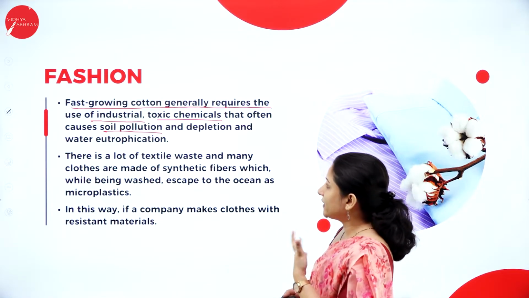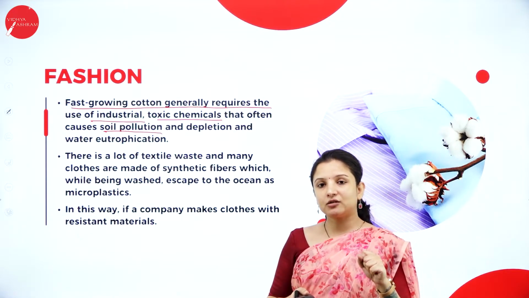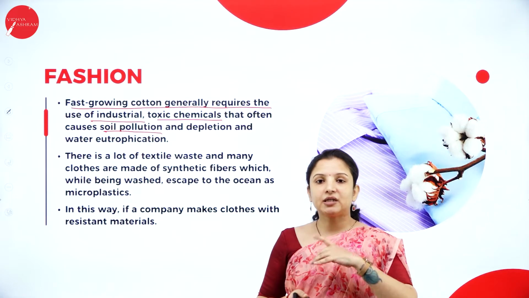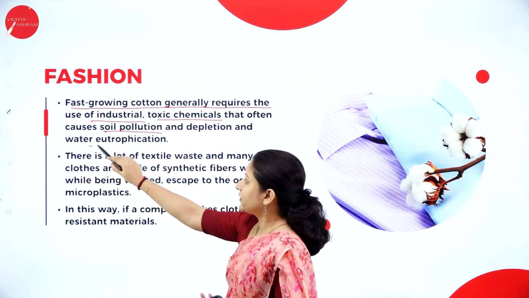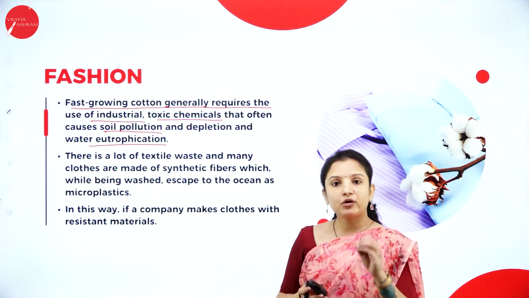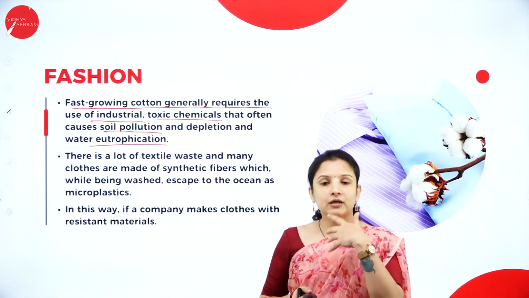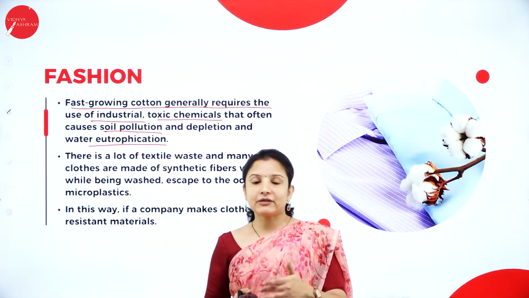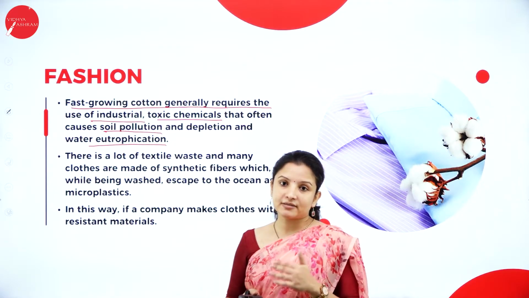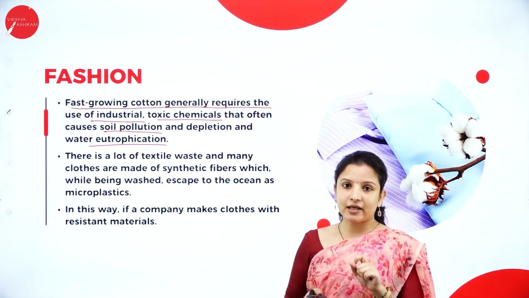When they use these toxic chemicals, they release the waste material into the nearby water bodies, leading to eutrophication. Eutrophication is when the water bodies get filled with chemicals, leading to the uncontrolled growth of water plants, therefore causing the death of the fishes and the aquatic organisms living there. So therefore, you will be imbalancing the environment.